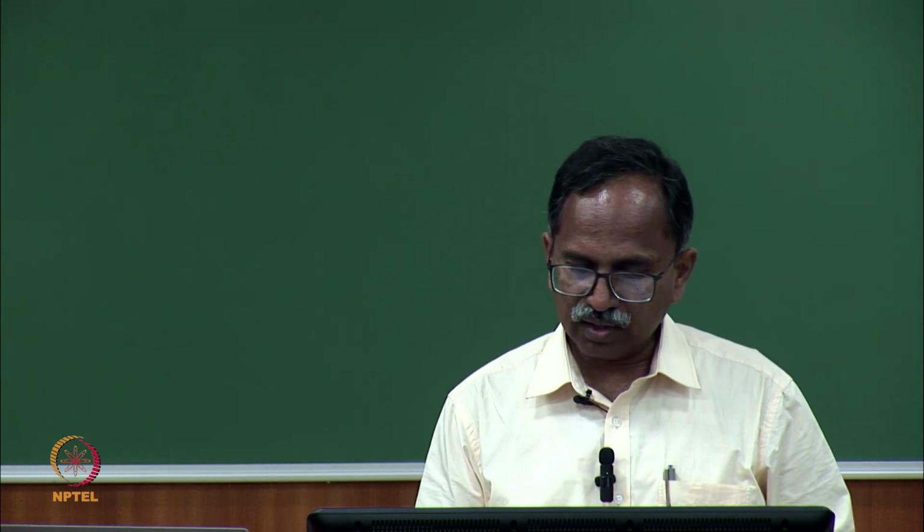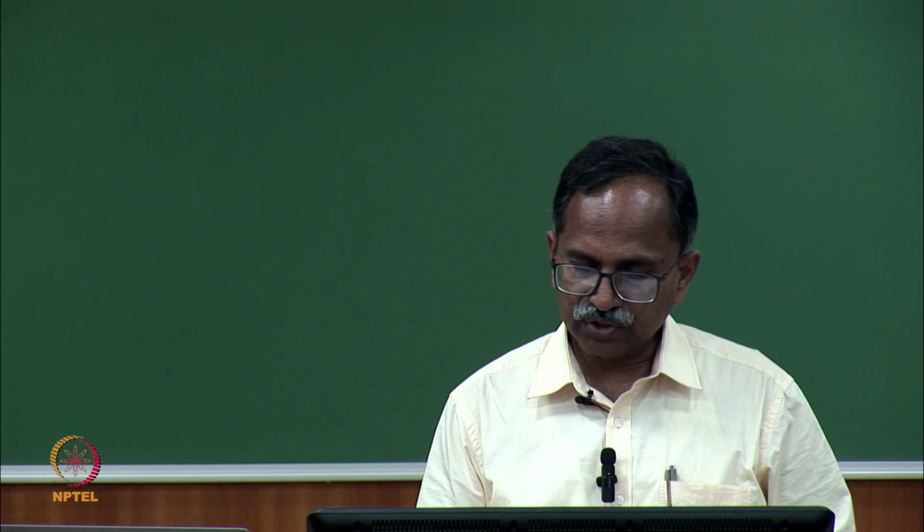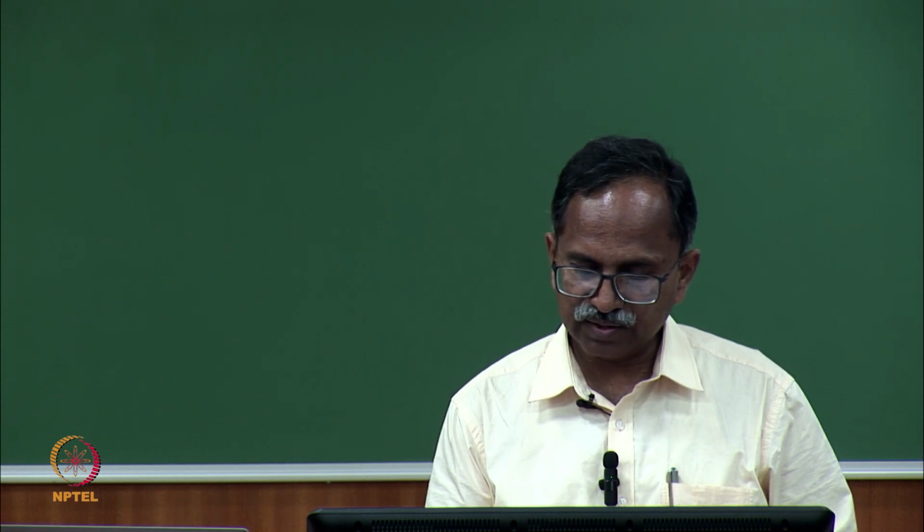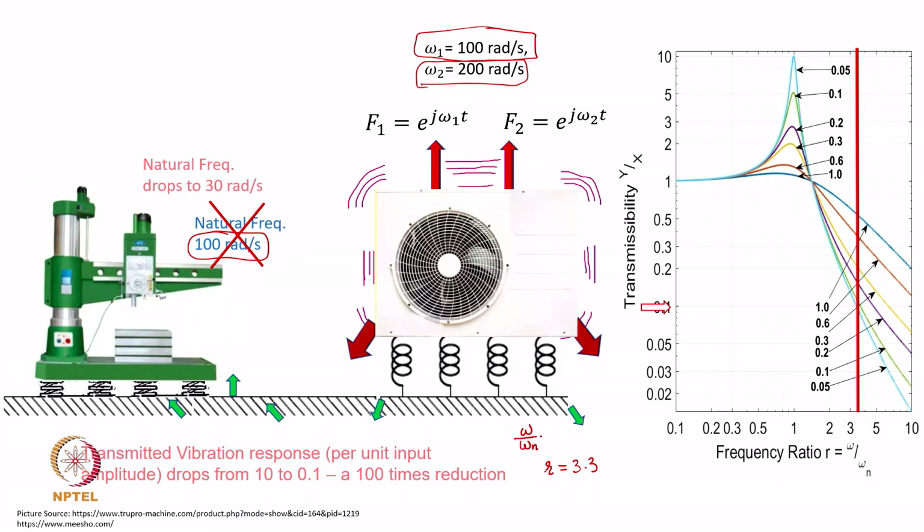So, R, which was 3.3, and what is R? It is basically omega over omega n, is not it? So, in this case it was omega 1 over omega n, that is R 1.